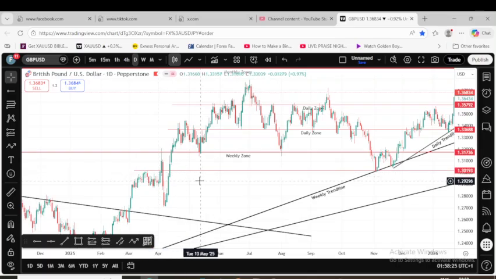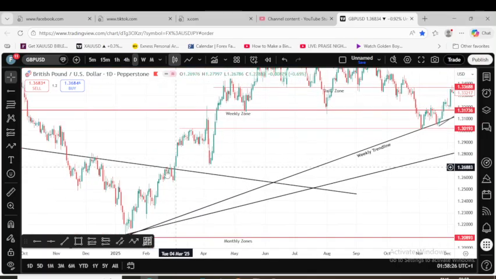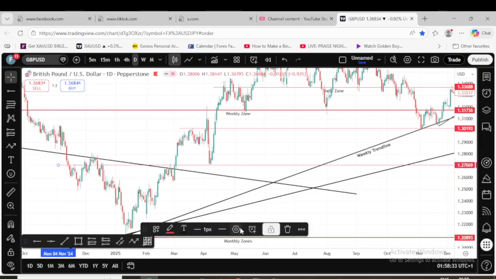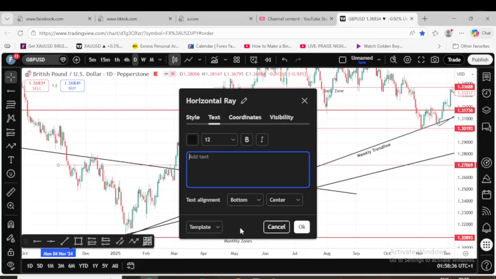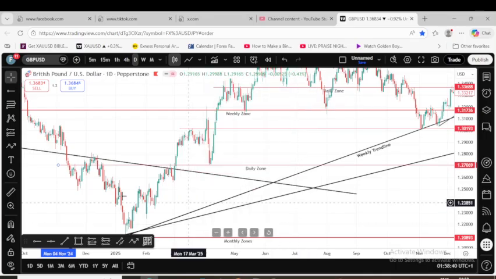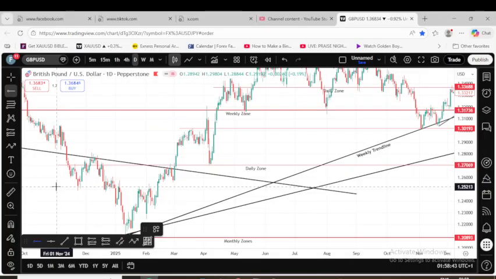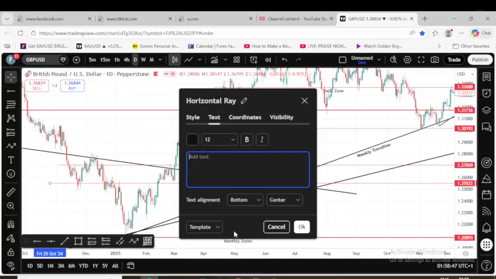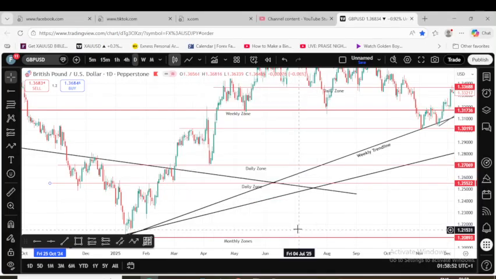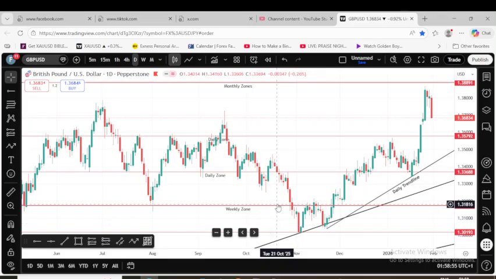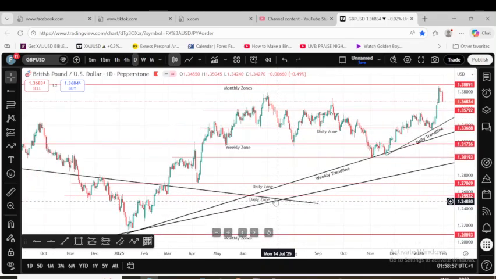So we have this zone here. Okay, are there any other daily zones? This zone here. Let's lift it a bit. Okay, so now we've identified our daily zones and our potential trend lines.